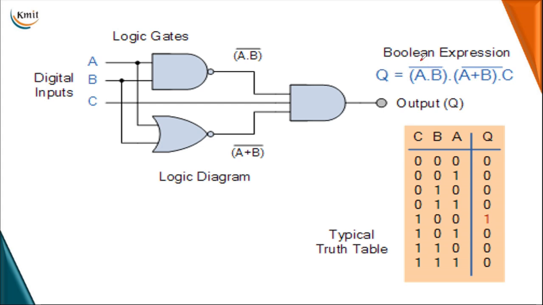Or else, using a truth table, we derive all the possible combinations of inputs and their corresponding outputs. Interconnected logic gates that derive the outputs are another way of representing the function. We pass the inputs and obtain the output upon interconnecting the basic gates or universal gates.